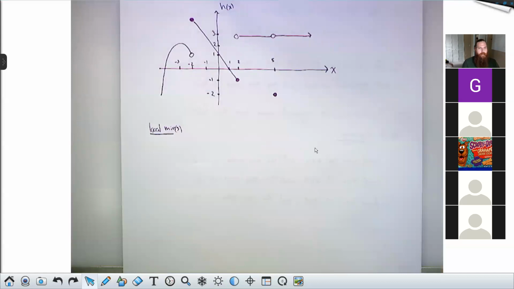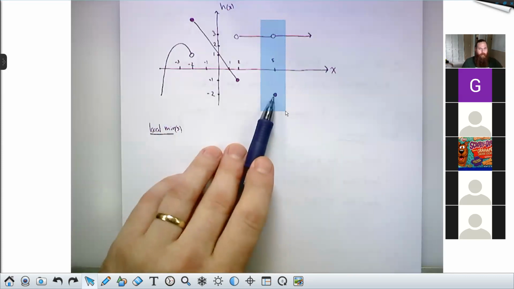Where do we see something that looks like a local min? Good, right here. Because if I look anywhere nearby in this window, the point down here is clearly well below all the other y values in this window. So we've got one at 5.